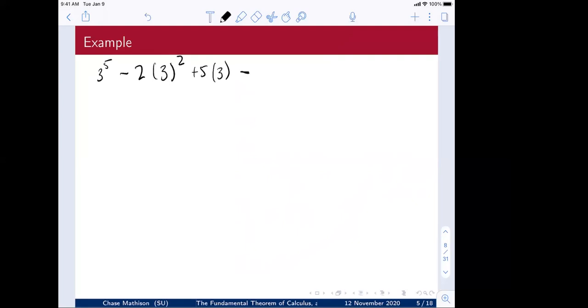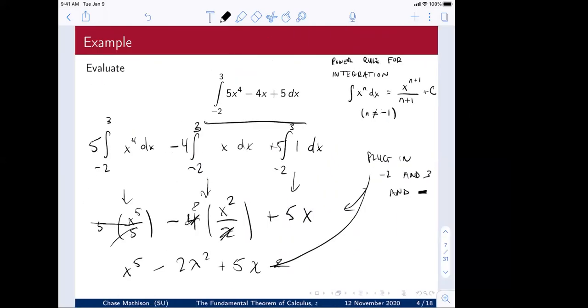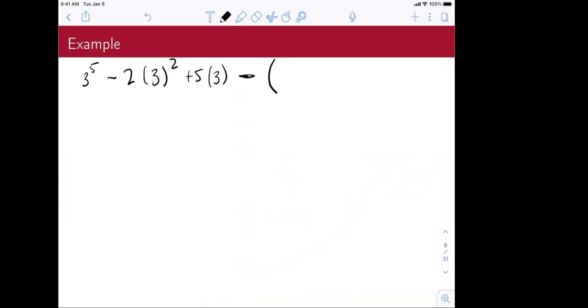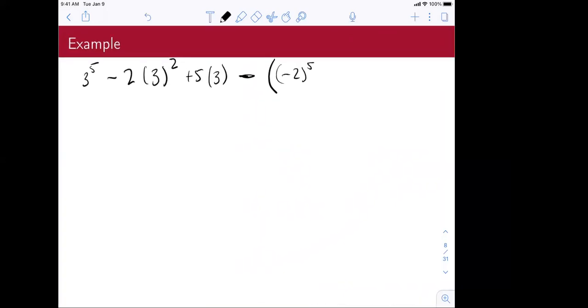And then I'm going to subtract off when I plug in the lower bound of minus 2. So I'm going to get minus 2 to the 5th, and then we have a minus 2 times minus 2 squared plus 5 times minus 2. Okay. Questions on that?